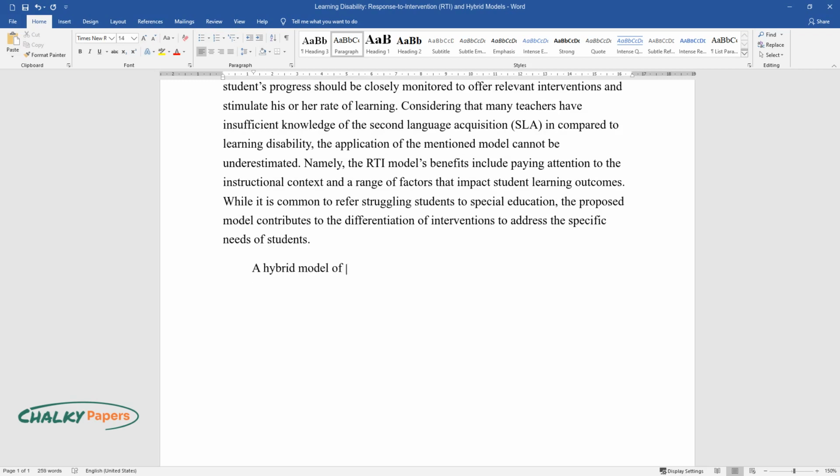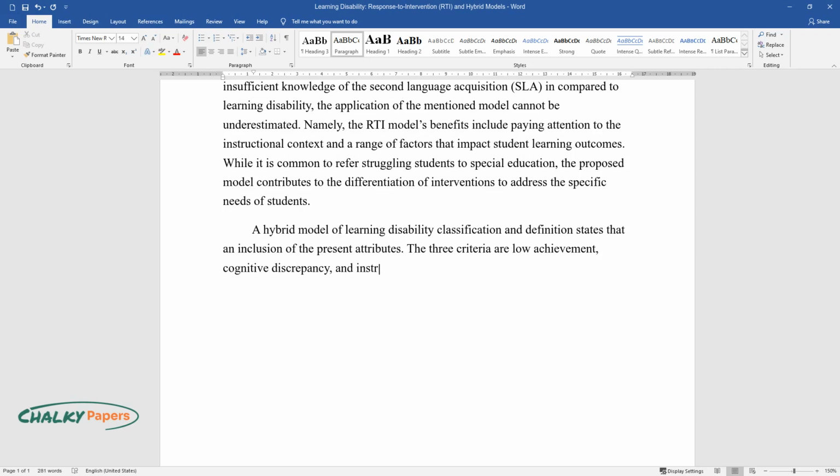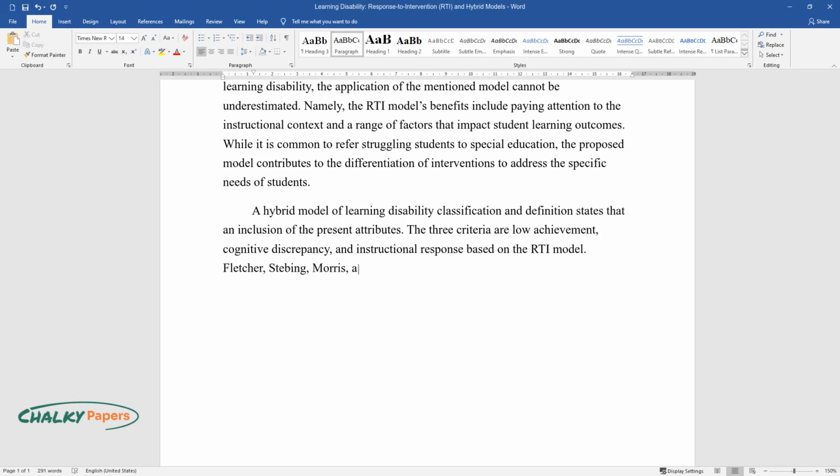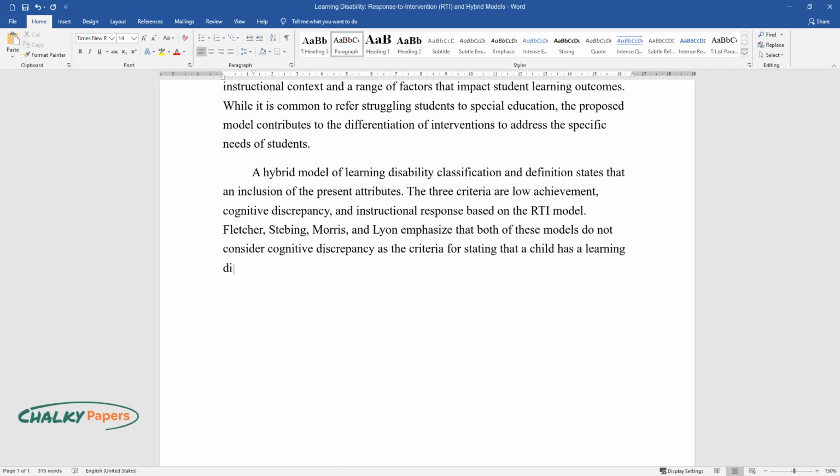A hybrid model of learning disability classification and definition states that an inclusion of the present attributes. The three criteria are low achievement, cognitive discrepancy, and instructional response based on the RTI model. Fletcher, Stebing, Morris, and Lyon emphasize that both of these models do not consider cognitive discrepancy as the criteria for stating that a child has a learning disability.